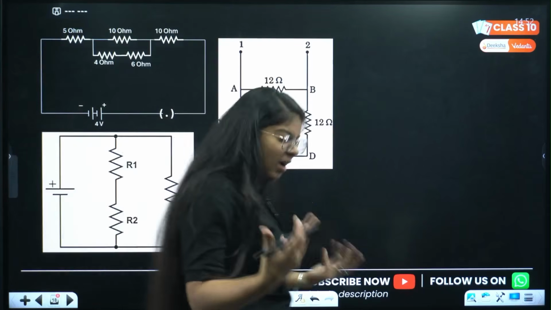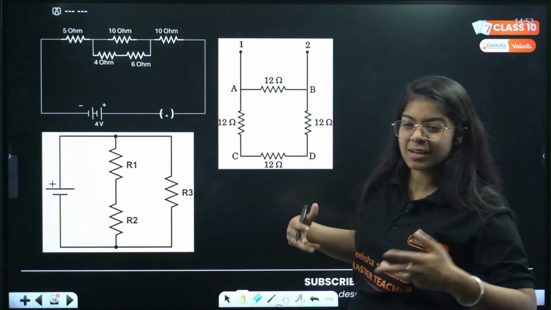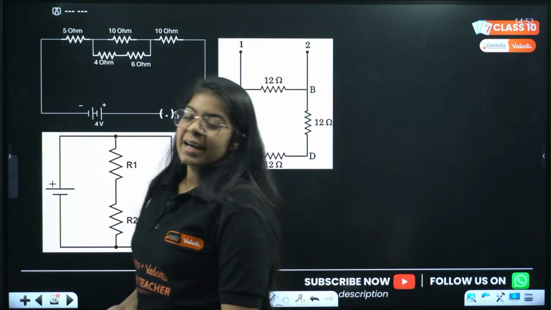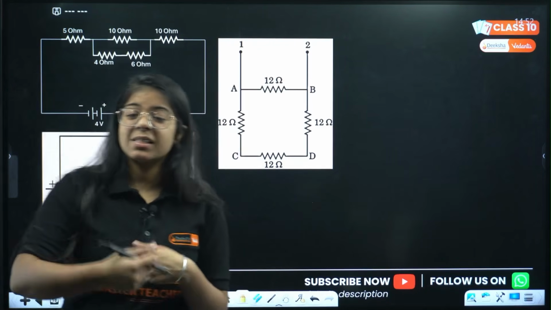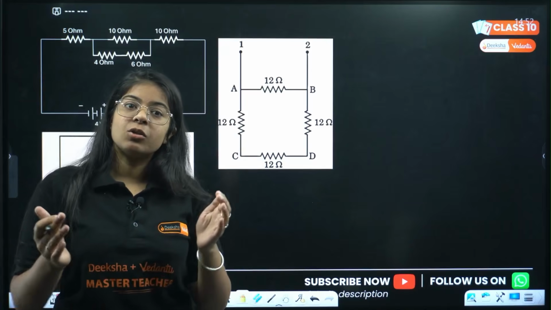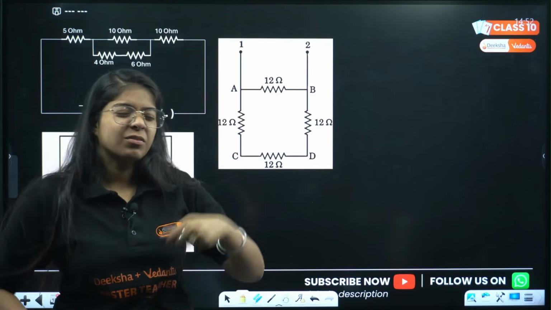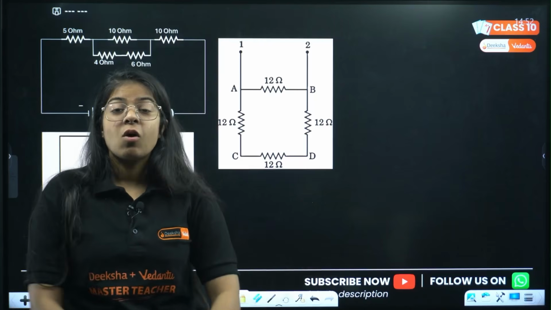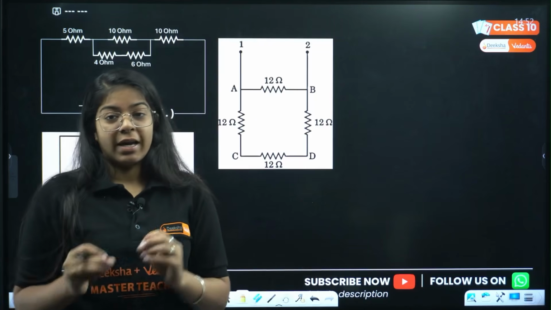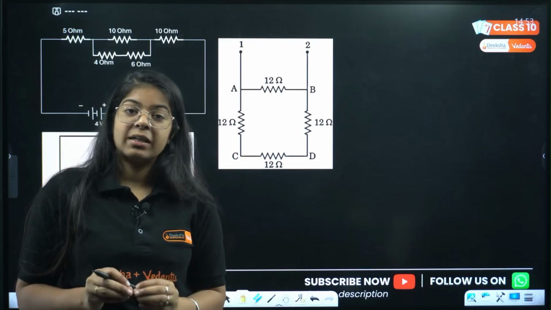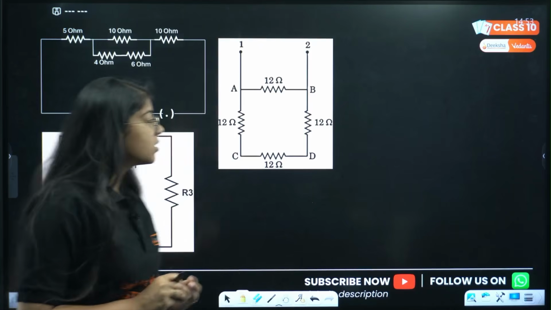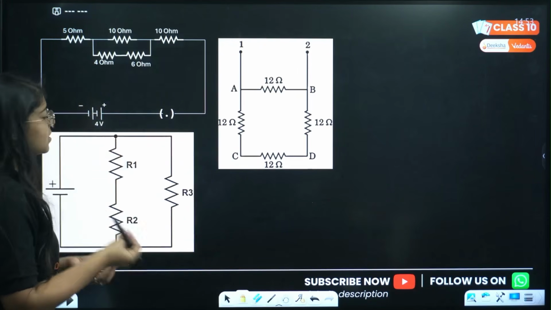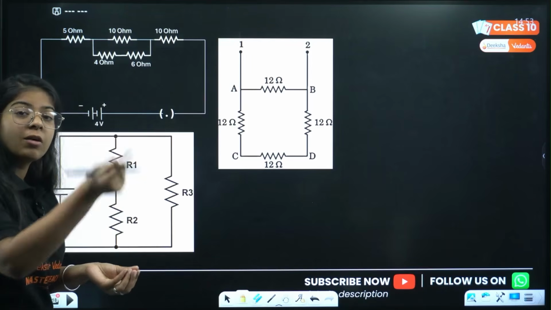Now lots of you have problems in resistance circuits, right? Resistance is basically when you combine a lot of resistances, you have to figure out what's in parallel, what's in series, a combination of all these. So how do you do this? If you look carefully at your circuit, you'll find something that is easy to solve in the first step.